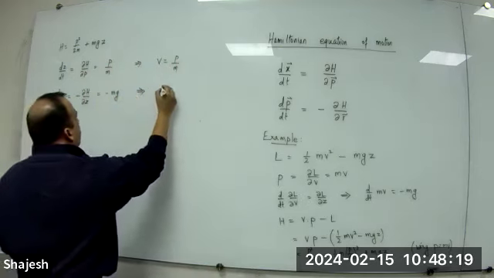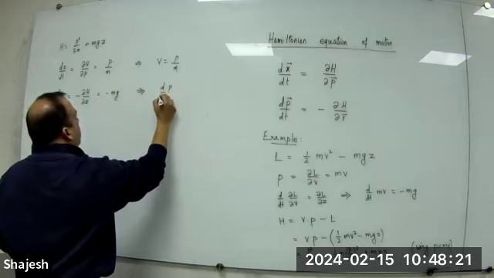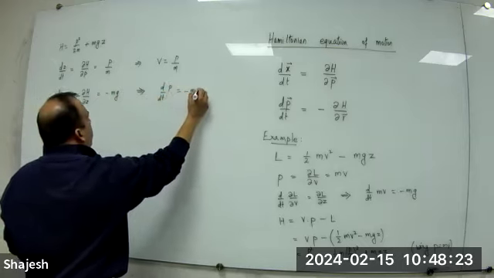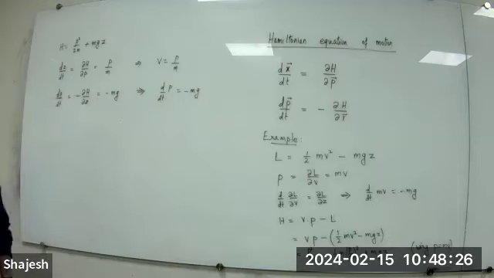This is consistent with dp by dt equal to minus mg, which is okay. That's an example which clarifies this whole construction. I have 2 minutes. I'll do one more example.